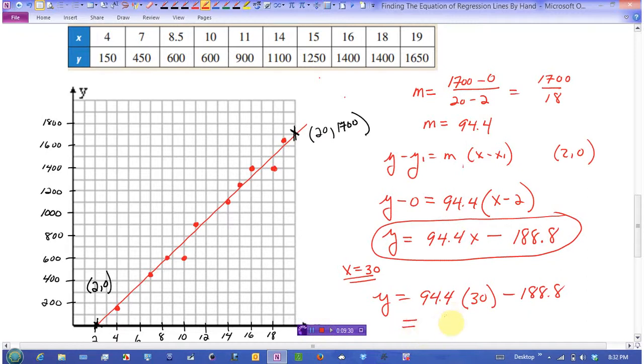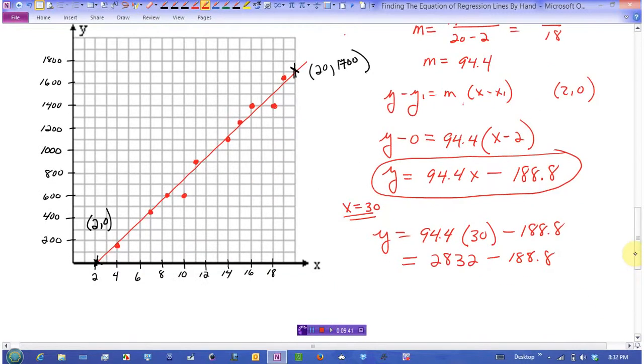So I've got 2,832 minus 188.8, and I get 2,643.2. And that's how I can use this equation of the line to model some future value.